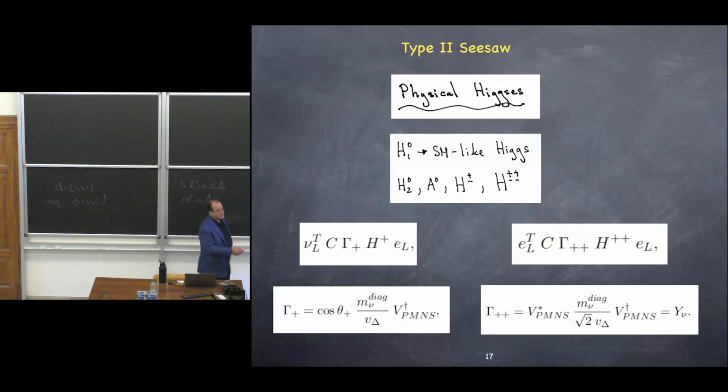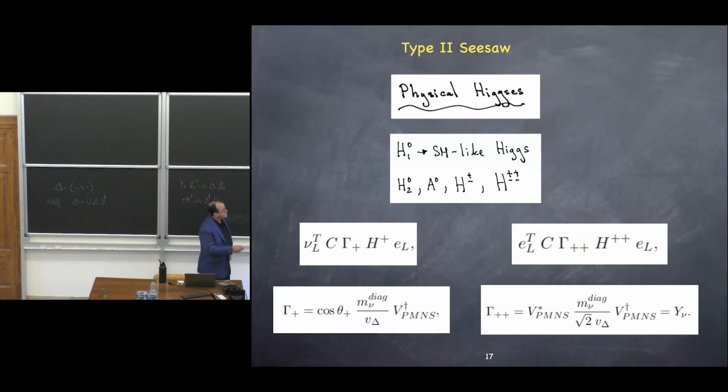The beauty of this is that when you write it in the physical basis, the coupling is defined by the PMNS matrix and the eigenvalues of the neutrino masses. Therefore, if we put in all the information we know about the mixing angles and the eigenvalues, you can actually predict this coupling very well.